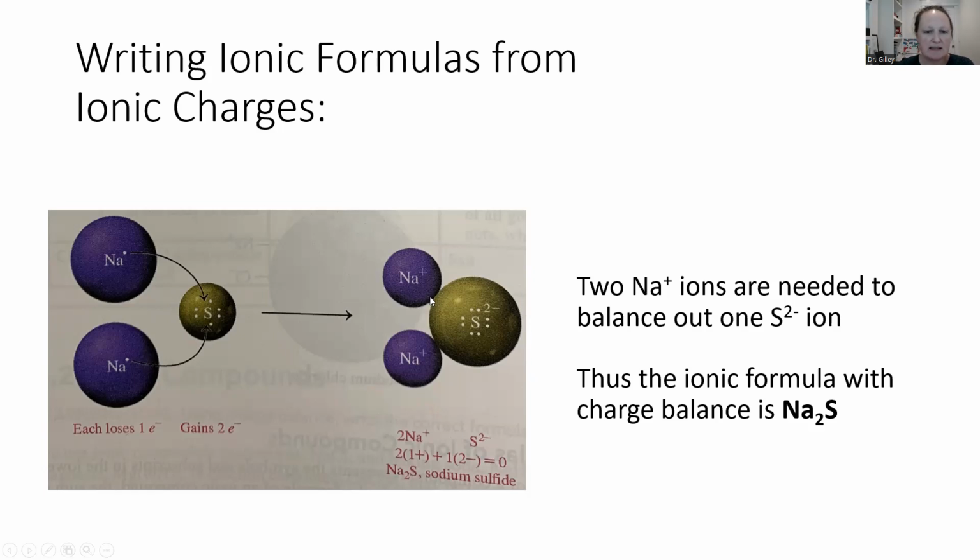Because it tends to form an ion with a -2 charge, and it's going to be attracted to sodium ions, there needs to be 2 of these to balance out the charge overall in the compound. Because 2+ will balance out 2- for a net charge of 0. Because we needed 2 sodium cations, we use this subscript 2.